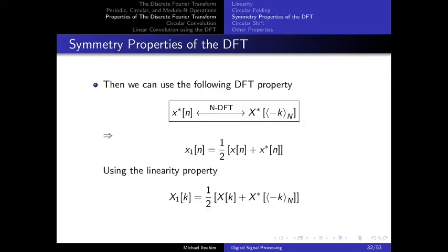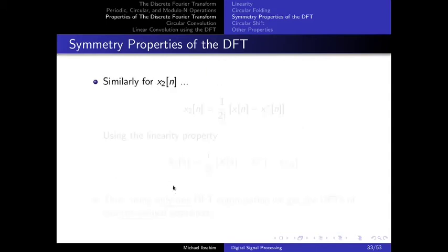Now using the property, x1 of k, the DFT of the first sequence, will be 1/2 x of k plus x conjugate of minus k modulo n, since the DFT of x conjugate of n is x conjugate of minus k modulo n. So we already have x of k, so you will add x of k plus x conjugate of minus k modulo n. This will give you x1 of k.